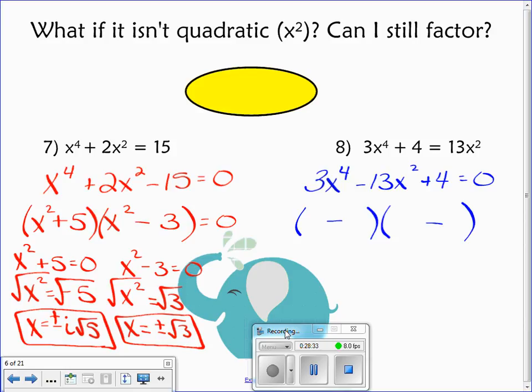Two minuses. There we go. We got there eventually. Good. We're going to have 1x squared and 3x squared. It'd be 4 and 1. Good. Right, because this gives me negative 12 minus 1 makes negative 13.